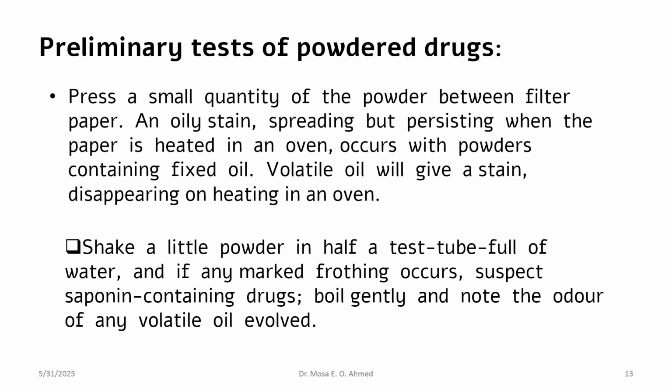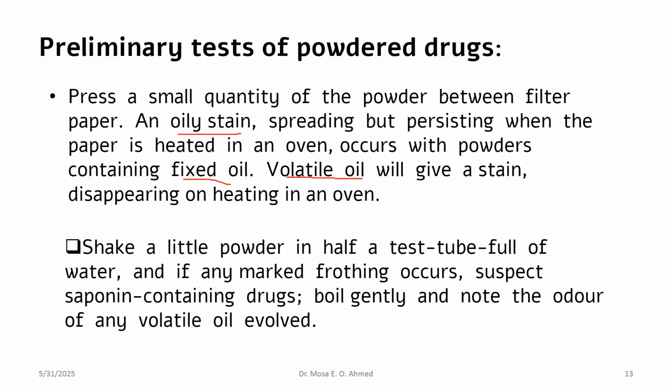Also, for powdered and unorganized drugs, we test for the presence of fixed oil and volatile oil in the powder sample by pressing the powder between two filter papers. We place a small quantity of powder between the two papers, apply a light press, and note the oil stain.